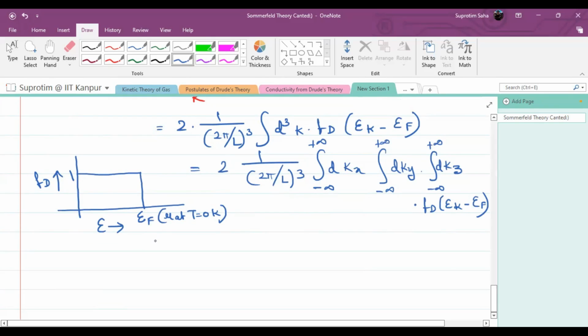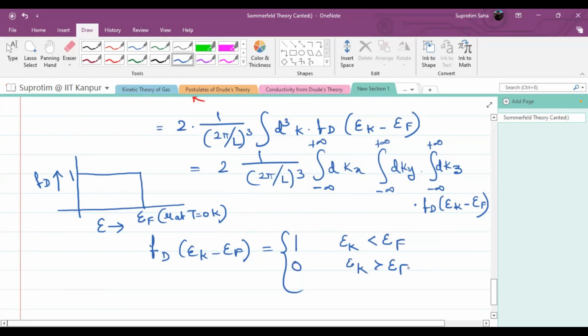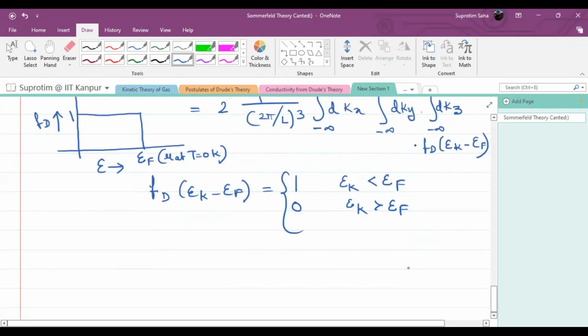But the Fermi-Dirac distribution, Fd of epsilon k minus epsilon f, is 1 for Ek less than Ef, and 0 for Ek greater than Ef. So simply speaking, if you consider also the negative values of k, corresponding to the Fermi energy there should be a Fermi wave vector.